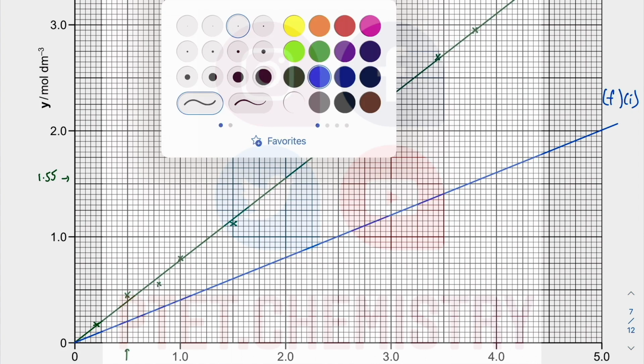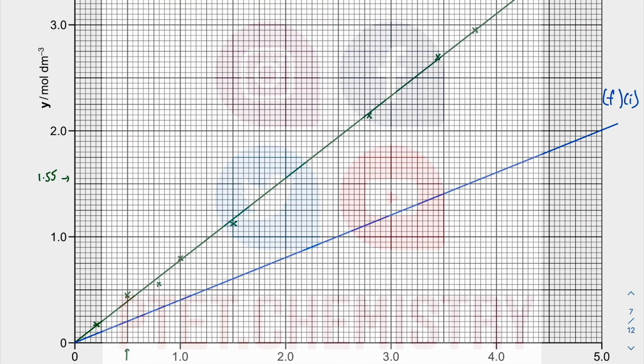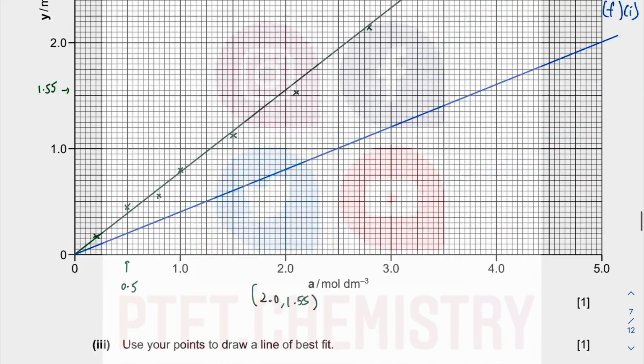That should have been 2.1. Where's 2.1? 2.1 and 1.55 is there. 1.5 is there. 1.53 is roughly there. Or maybe I was right. I don't know. But that's still pretty close.